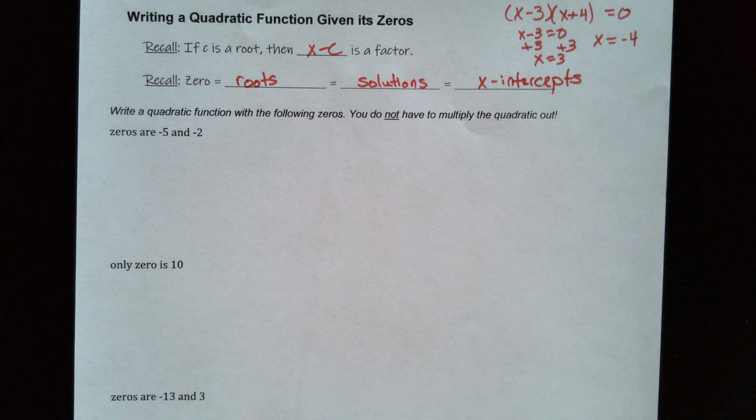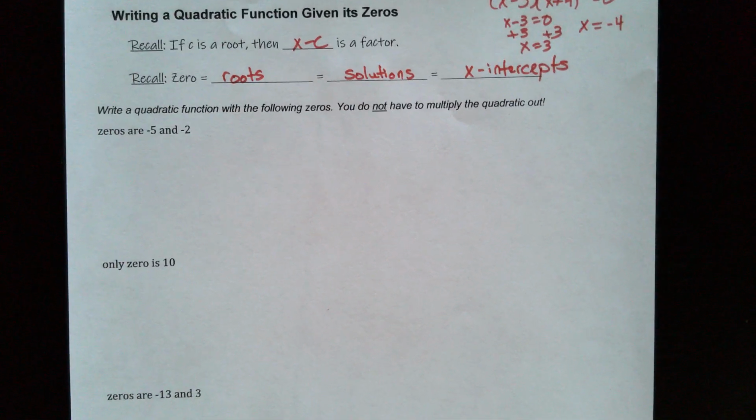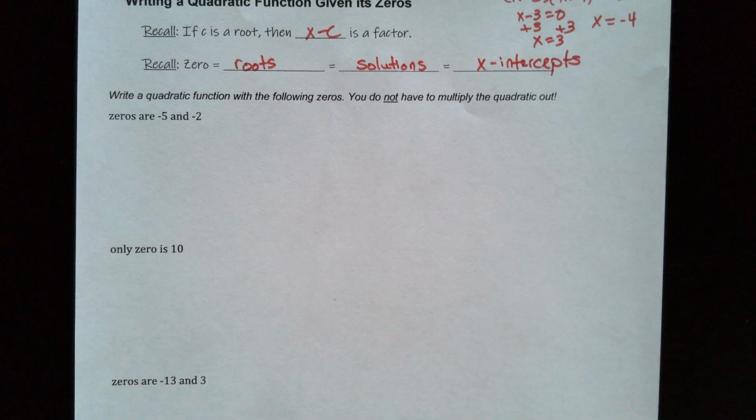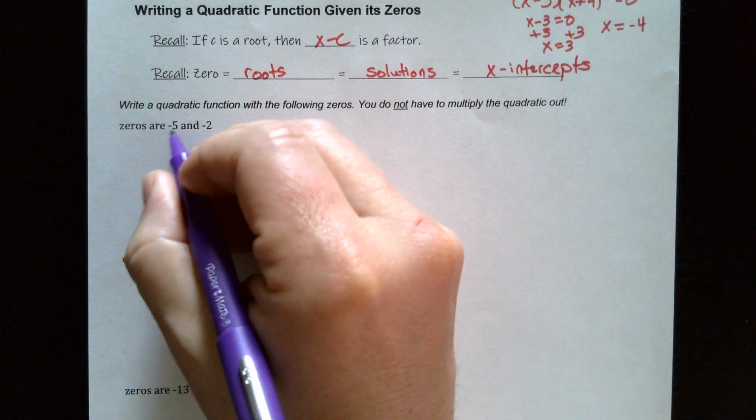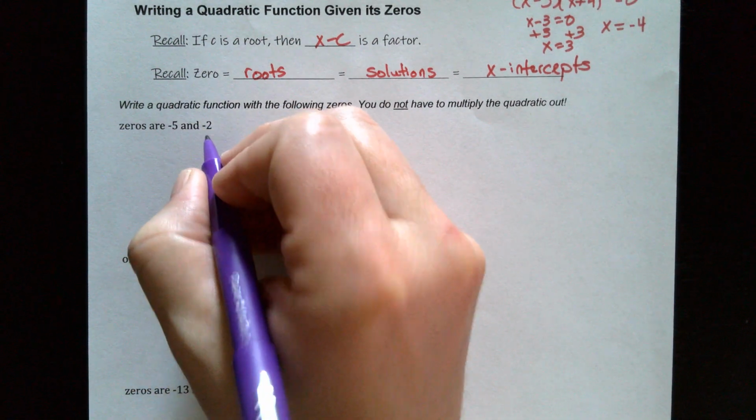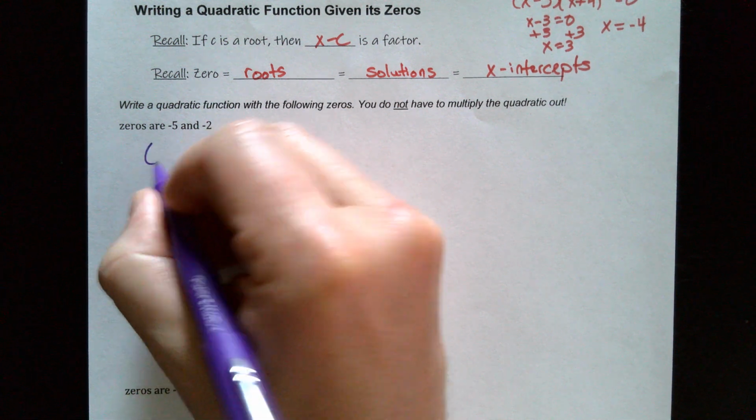So the first one says, write a quadratic function with the following zeros. You do not have to multiply the quadratic out. Okay, I will anyways, but you don't have to on this. So if we have the zeros are -5 and -2, and that's all we know about it. So x equals -5 and x equals -2 are zeros, so we need factors.